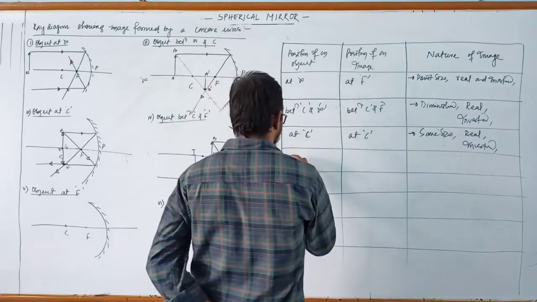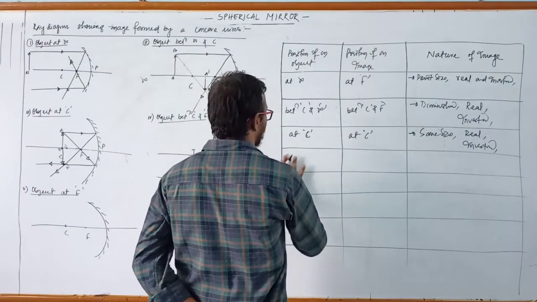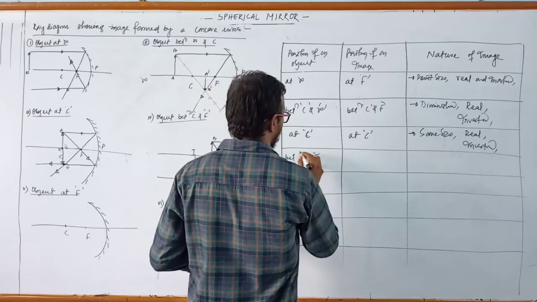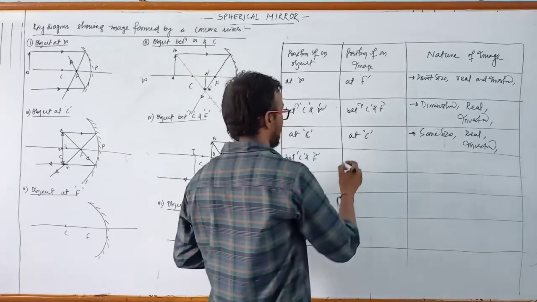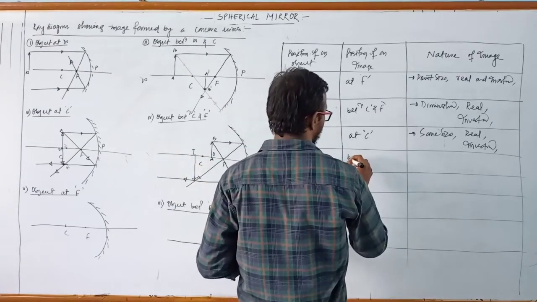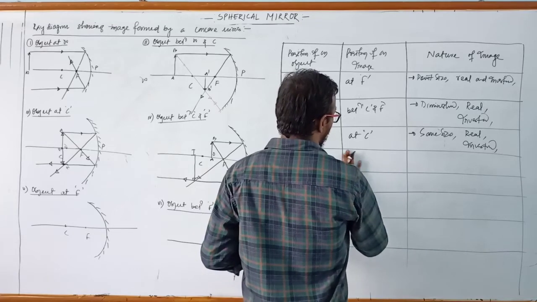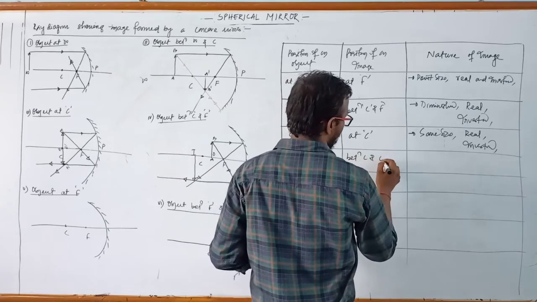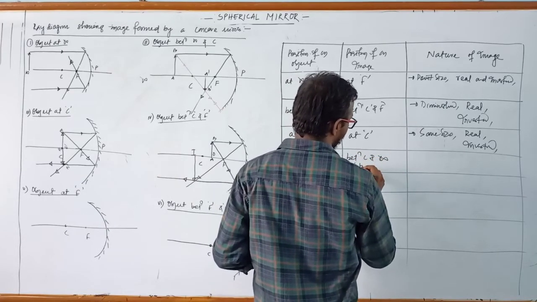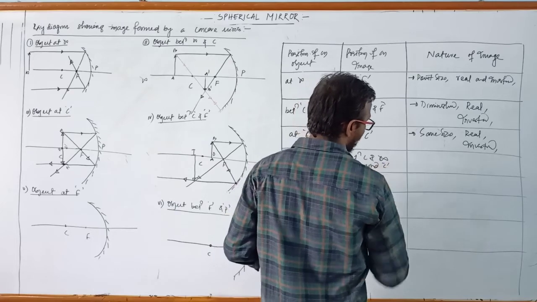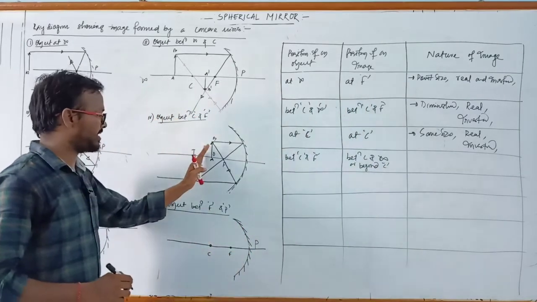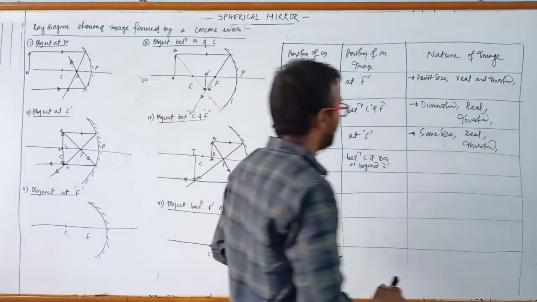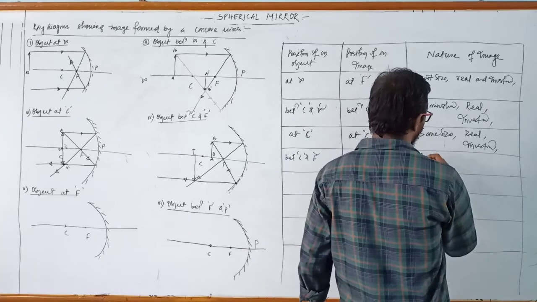Clear? That means if the object is between C and F, then the image forms beyond C, that is between C and infinity, or you can write beyond C. But here the image is magnified.